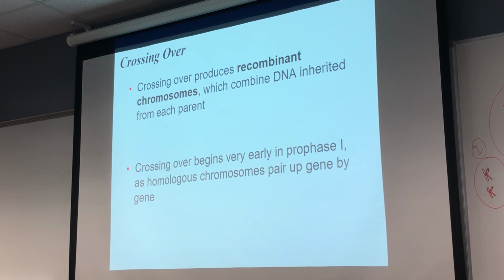Added to that, the random fertilization, like one sperm in 200 to 500 million, right? The independent assortment gives you about 8 million possible combinations. And now you have the crossing over as well, right? The recombinant chromosomes, the genetic rearrangement that takes place in prophase one, shuffling the different alleles that you have from your mom and from your dad.